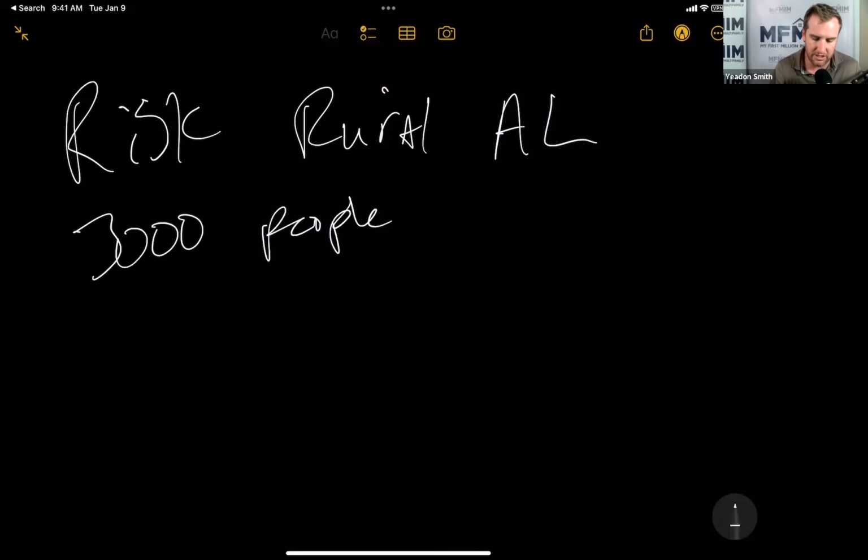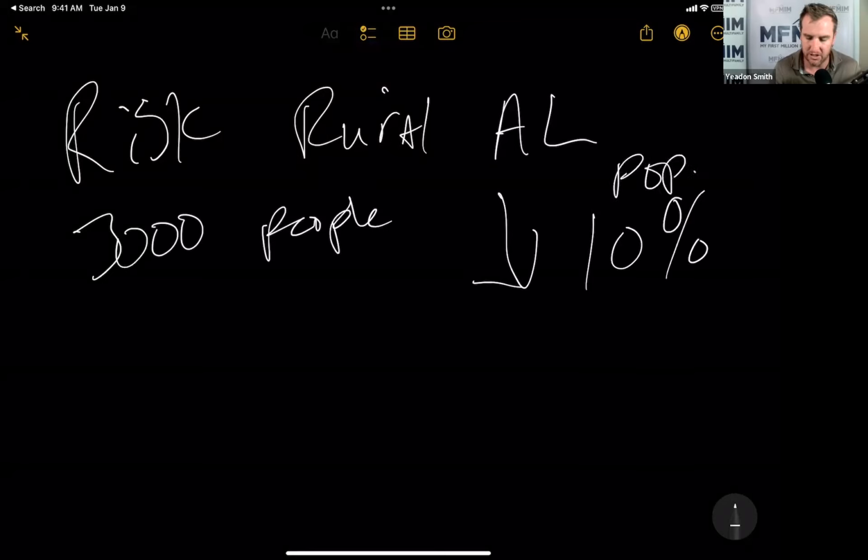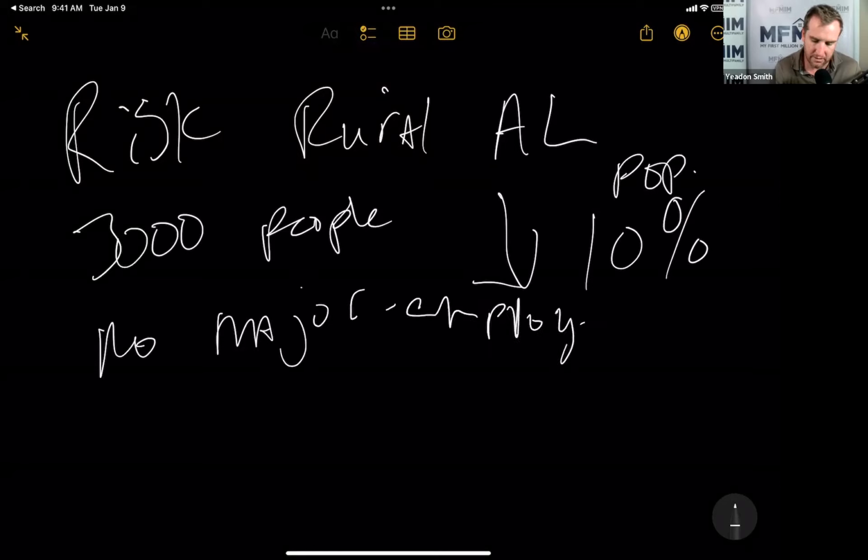And the population has gone down by 10% in the last 5 years. Population going down, and there are no major employers. Are you going to pay top dollar for this property?